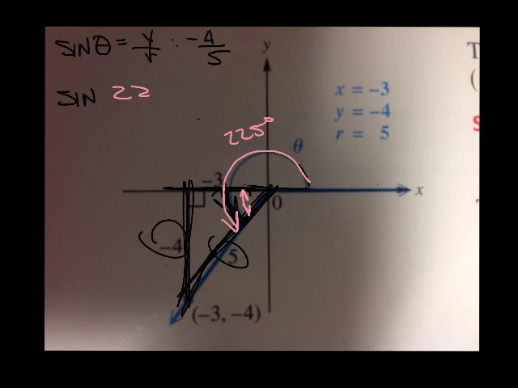So if you took the sine of 225 degrees, that should be the same as the sine of this angle, which would be 225 minus 180, because we're going to take this away from it in order to get this. So that would be, what, 45 degrees.